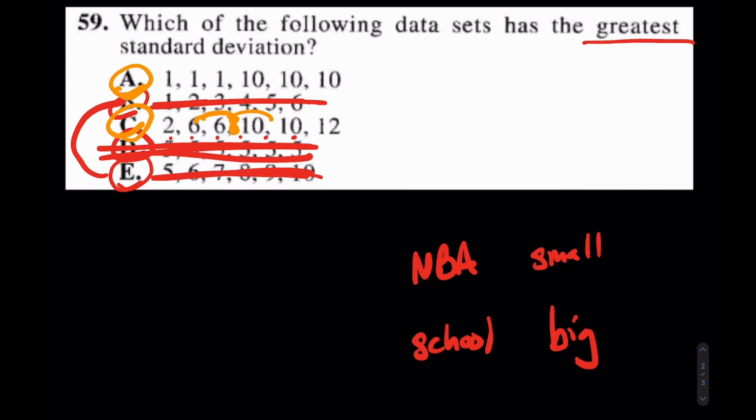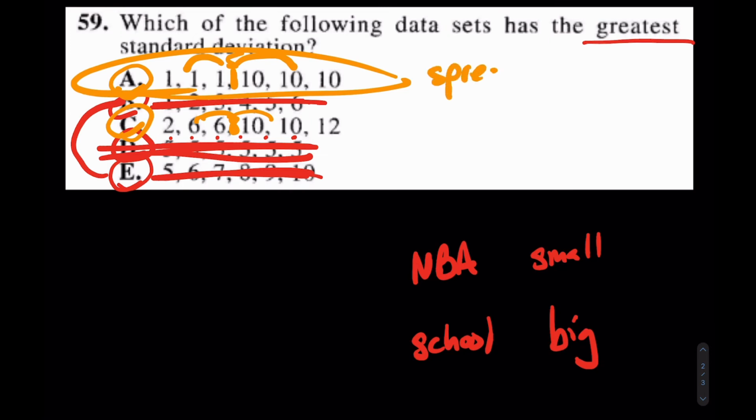No, not that far, really, up and down 2. Whereas what's the mean here? Something like 5 point something. In that case, am I stretching very far to encompass 10? Am I stretching very far to encompass 1? Yes, I am. The answer, my friends, is A. A is the most spread.